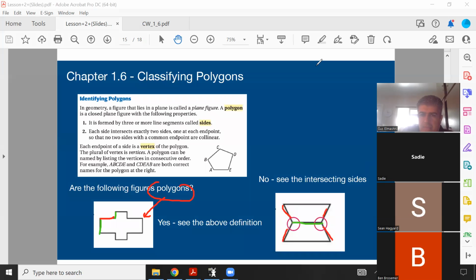You could say this is a polygon and the bottom is also its own polygon, if you want. But that's what a polygon is. It's just a closed plane figure where you have 3 or more sides and each side intersects exactly 2 other sides.